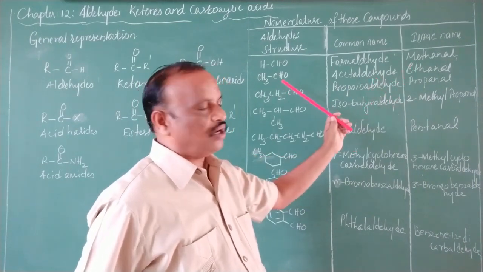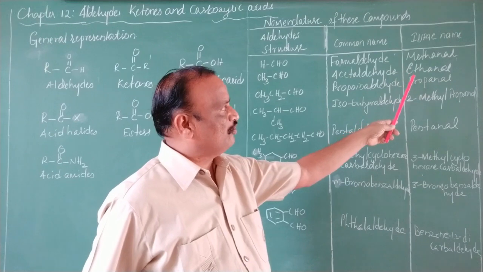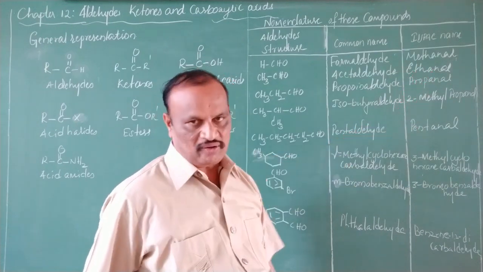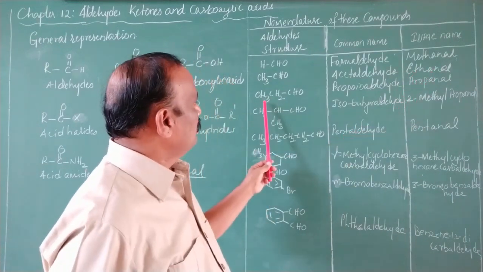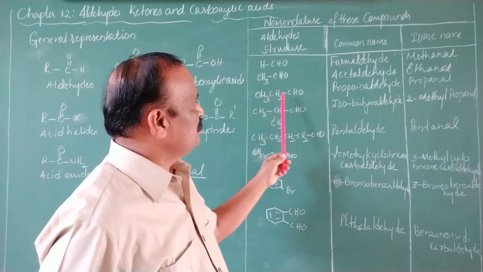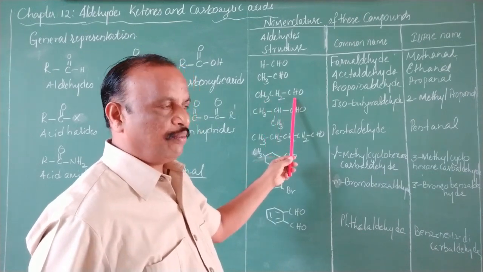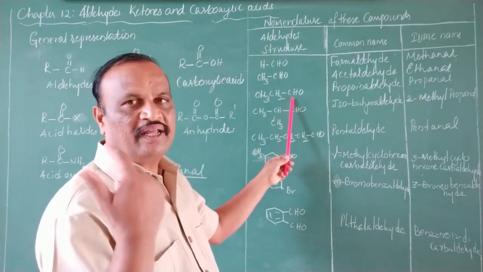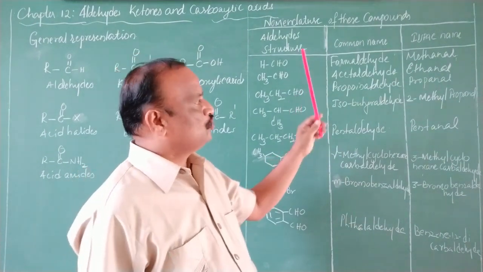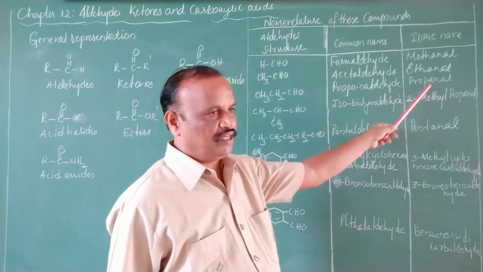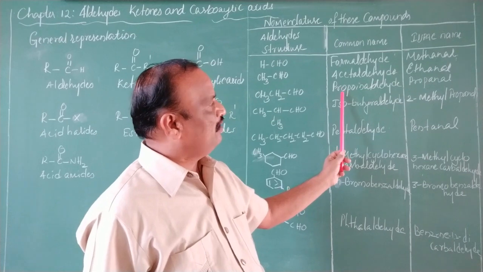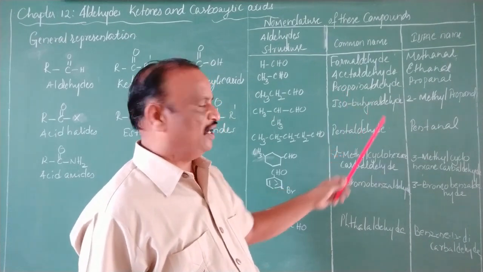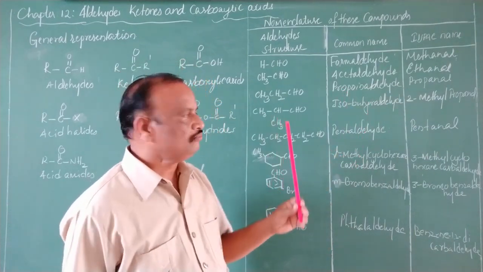Since it contains two carbons and the aldehydic functional group, we call it ethanal. The third compound is CH3CH2CHO, which contains 3 carbons. A 3 carbon compound is propane. So propanal we will call it in the IUPAC system, and in the common system it is propionaldehyde.